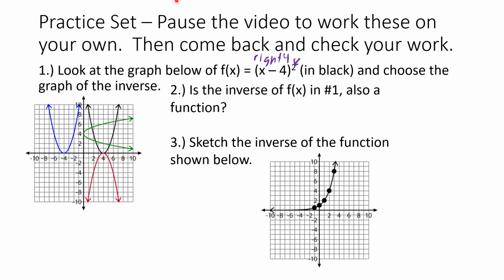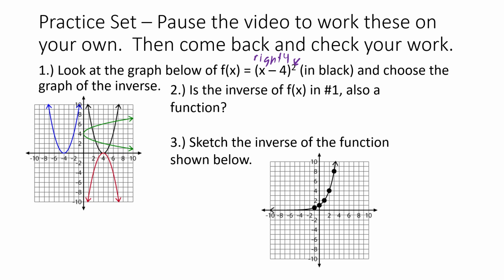Now, what is tricky about this is the blue, the green, and the red are all reflections of the graph, but they're not necessarily reflections over the right line. The blue one is a reflection over the y-axis. So if I use the y-axis as my mirror, then you can see the mirrored points.